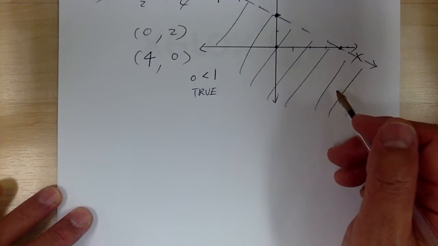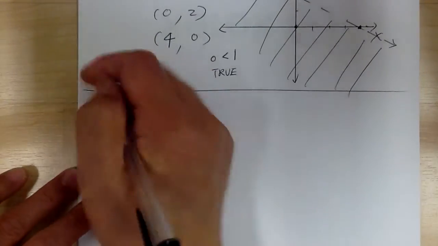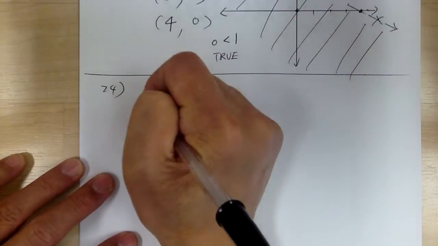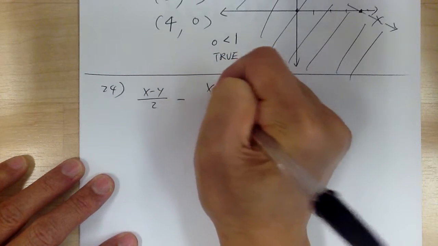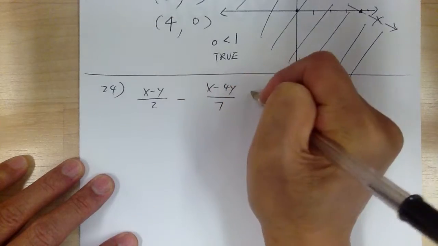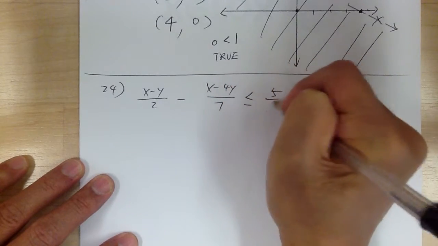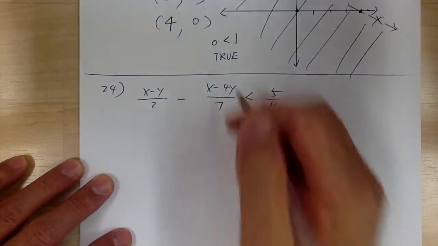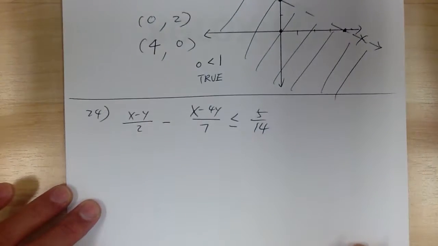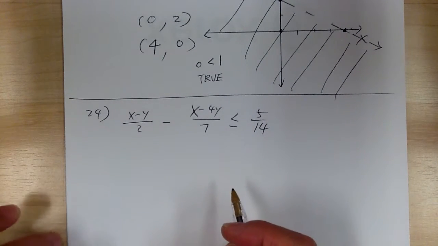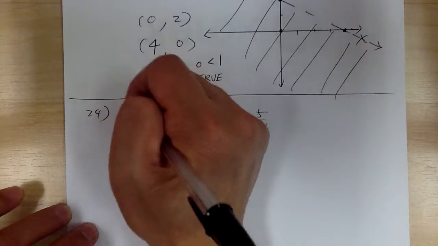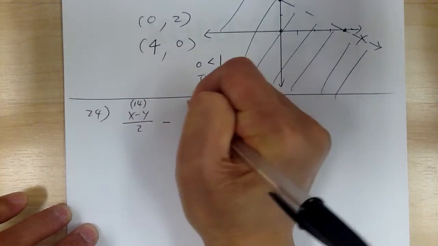Okay. Now let's go to 24. You have x minus y over 2 minus x minus 4y over 7 less than or equal to 5 over 14. So this is, again, another one of those kind of a bit messy problems. So first, let's get rid of the fraction. So multiply by the common denominator, multiply by 14.